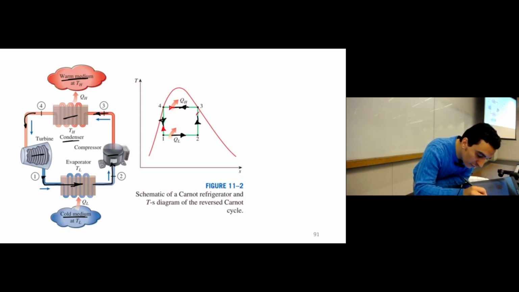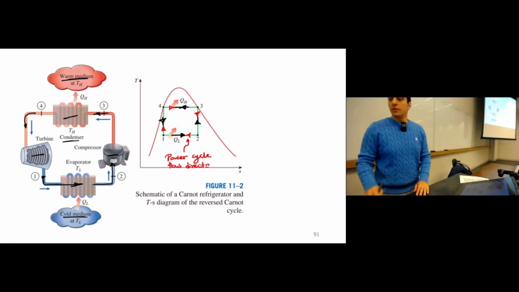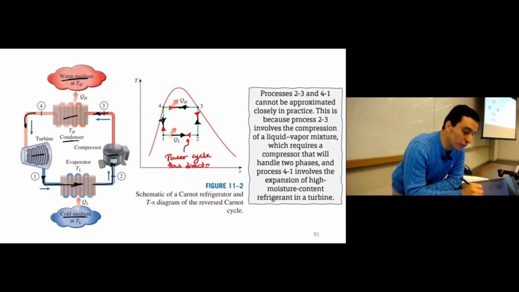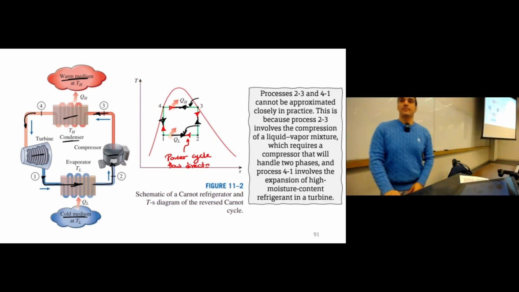This is the direction of the power cycle. But here in the refrigerator or heat pump, we just reverse it. Okay? And again, we still have processes 2-3 and 4-1, which are isentropic. Processes 4-3 and 2-1 are the two isothermal ones.